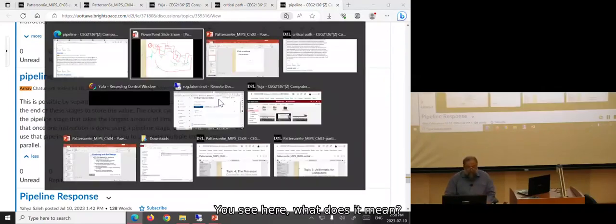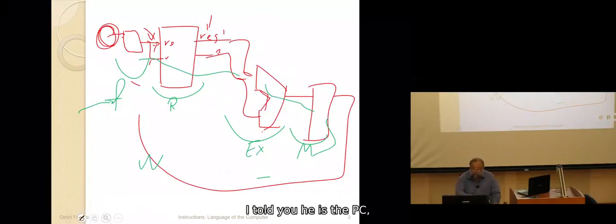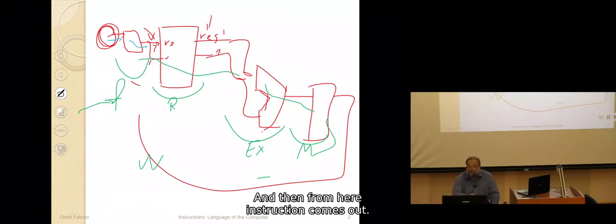You see here, what does it mean? It means this. Let me put the registers in blue. So I told you, here is the PC. The PC coming here, and then from here, instruction comes out. So this instruction goes for going to the register file for the next stage.